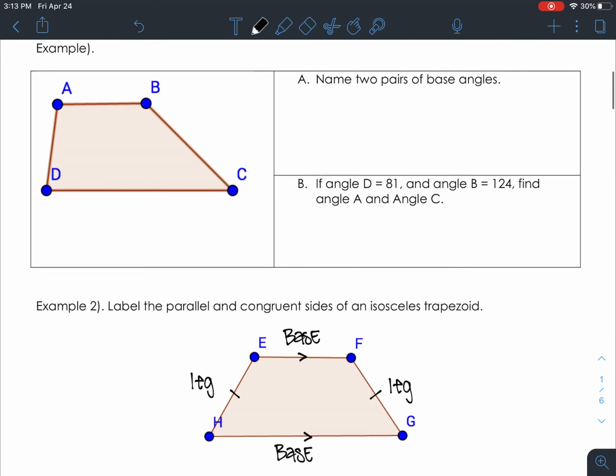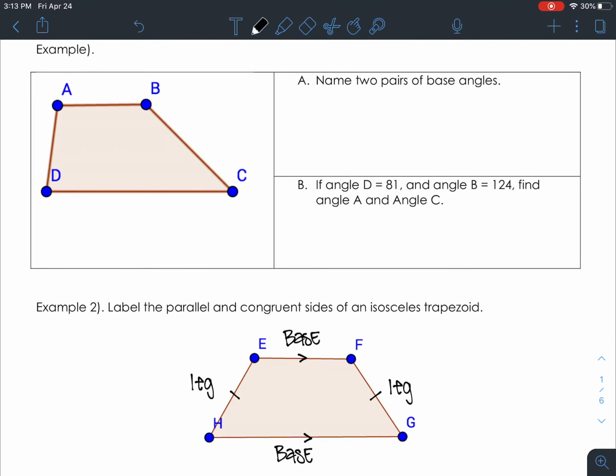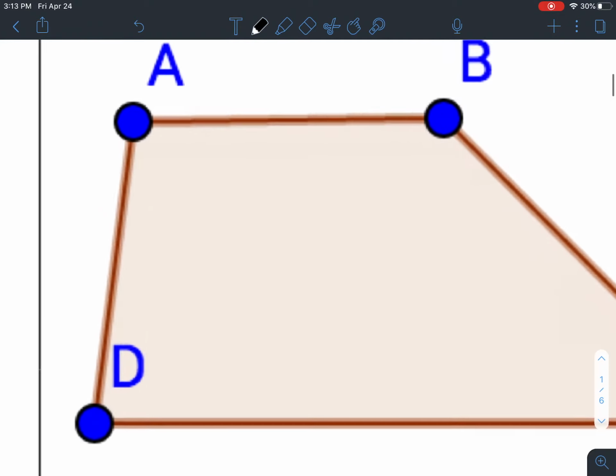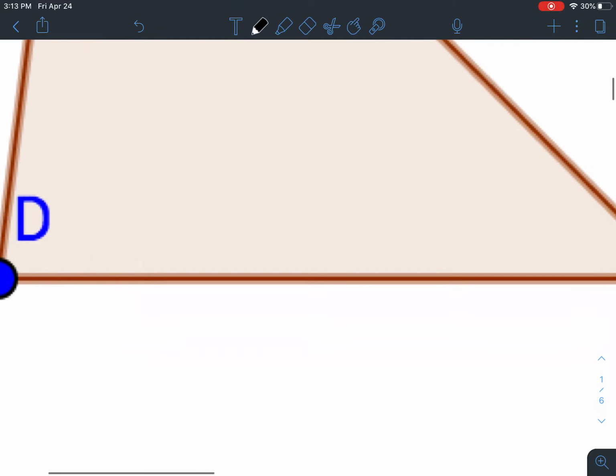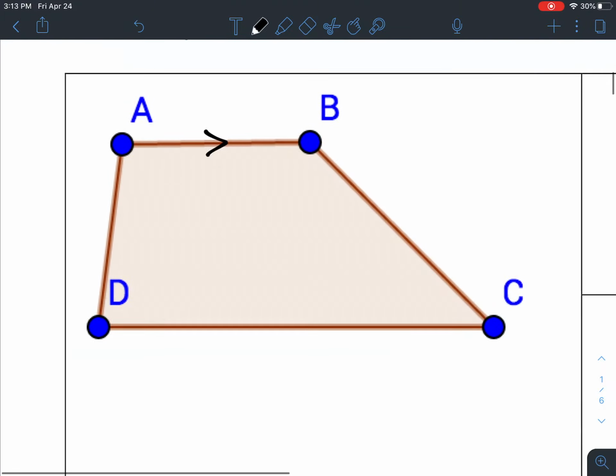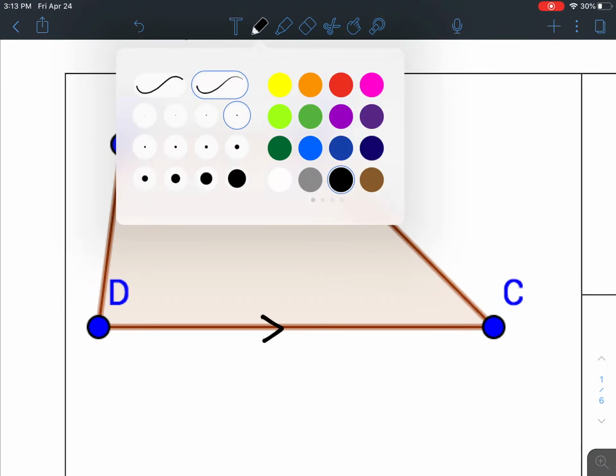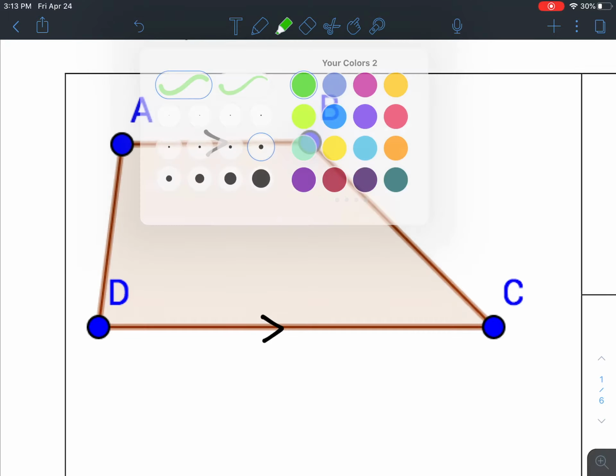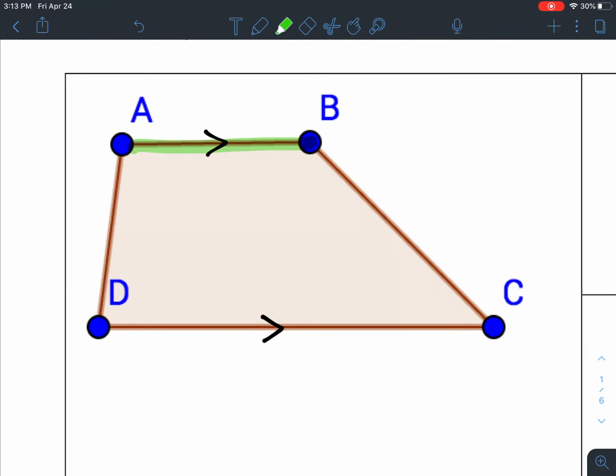Now let's go back up to the other example. So it says name two pairs of base angles. So if you look at this picture, I'm telling you guys that AB is parallel to DC. And then I'm going to highlight those because the angles that are along those bases are going to be pairs of base angles. So if you look at DC, what are the two angles that are along that base?